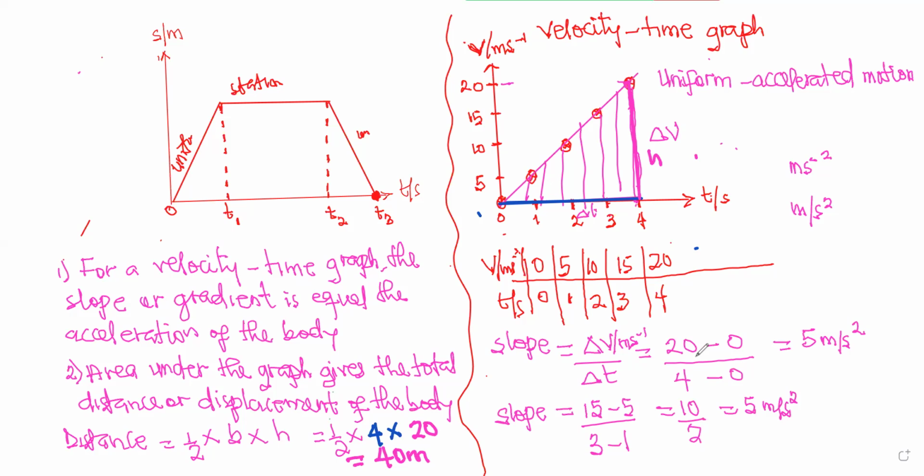Class, let me drop attendance and then get back to you. Please, can you repeat your definition again? Sir, I said a uniform accelerated motion is when a body moves with equal or constant velocity within equal time interval.